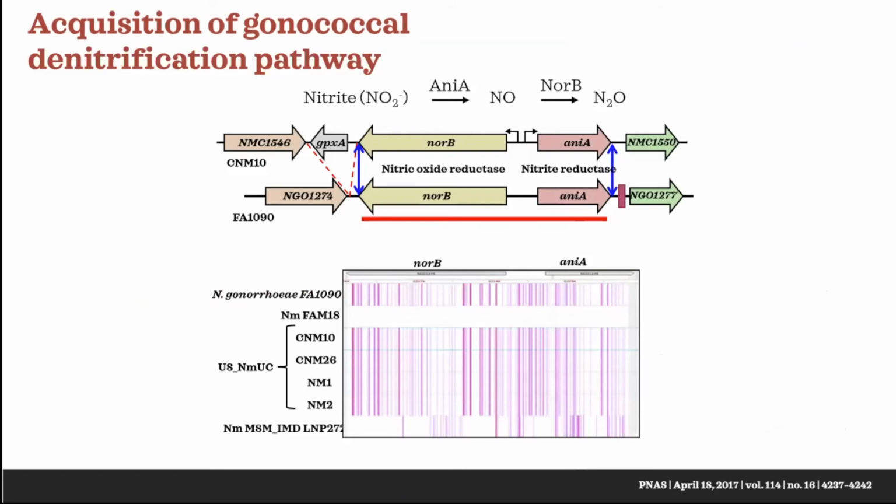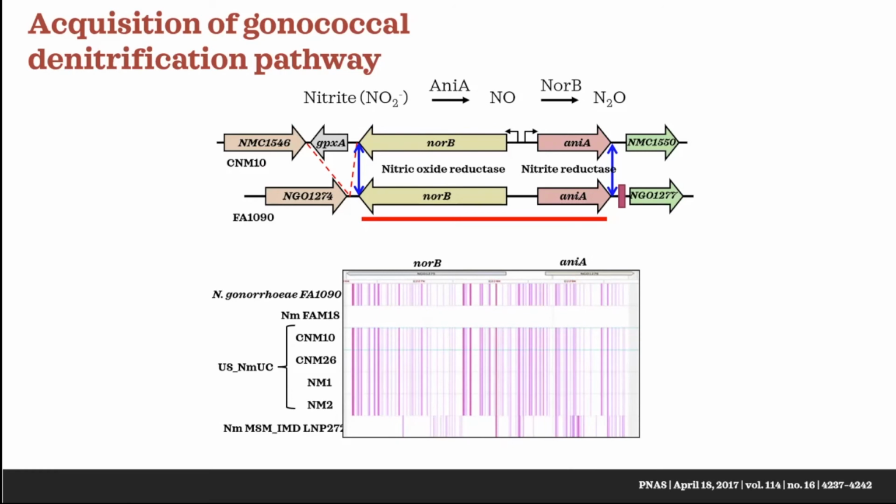One example was, in essence, complete replacement of the denitrification pathway, the anaerobic denitrification pathway of the meningococcus with the gonococcal denitrification pathway. And as shown in this dendrogram, the gonococcal sequence and its polymorphisms are shown in the clade isolate.